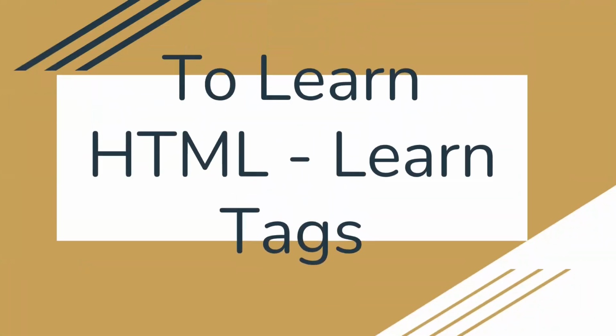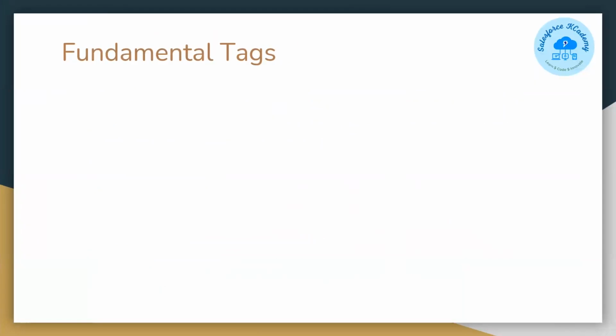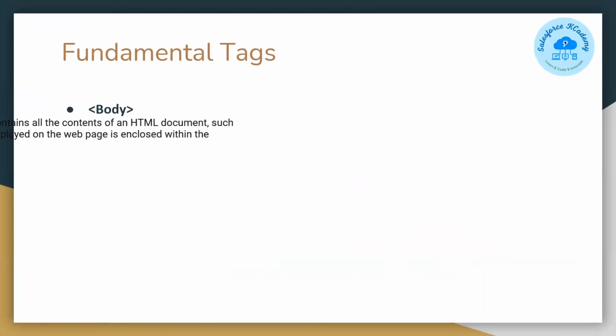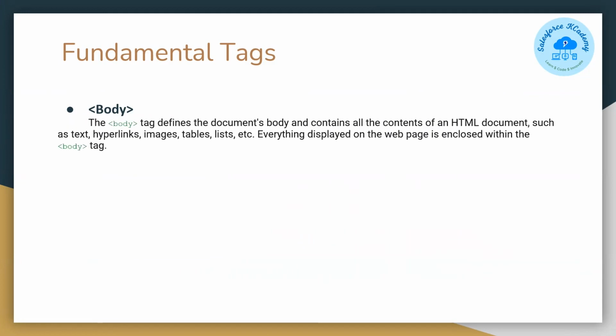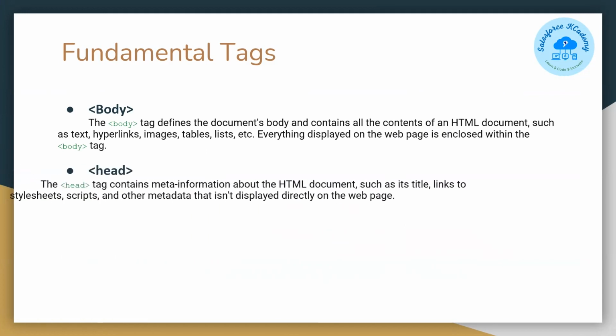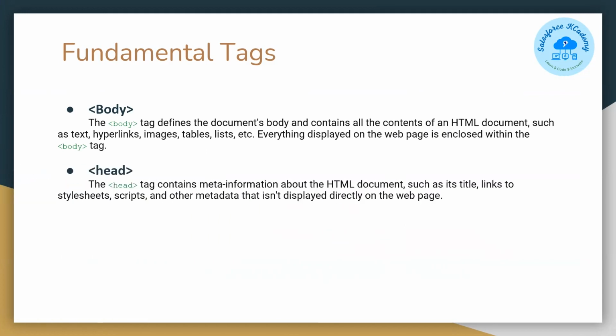So then we started learning more tags. The fundamental tags are the body tag, which will be used to display the document's main content on the web page, like text, hyperlinks, images. Then we have a head tag that will be on the top. This will contain some metadata information.